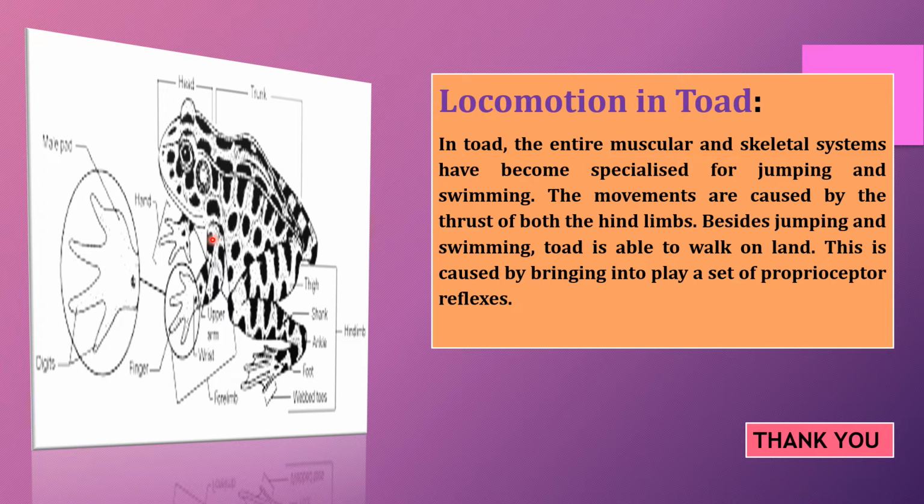Actually, in toad, as in class I have already discussed, the forelimbs help in jumping and the hind limbs help in jumping as well as swimming. Why swimming? Because you can see there are 5 digits in their hind limbs and 4 digits in the forelimbs of a toad.